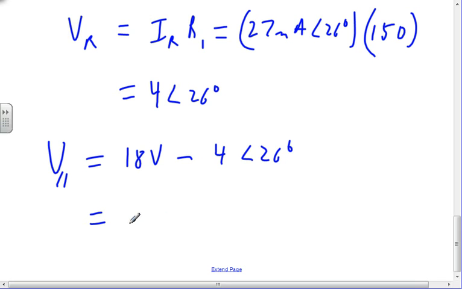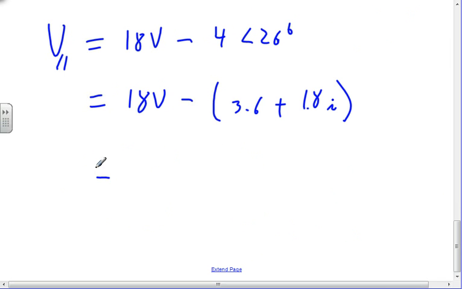I'm going to change 4 angle 26 to rectangular form: 4 xy key 26 equals, second function, change to rectangular: 3.6 plus 1.8i.